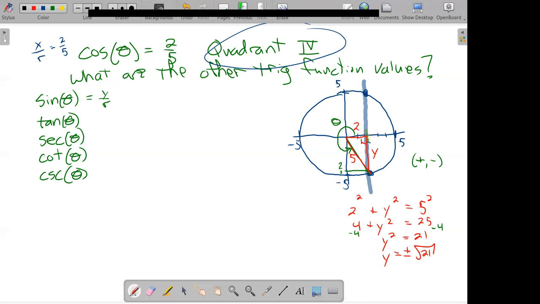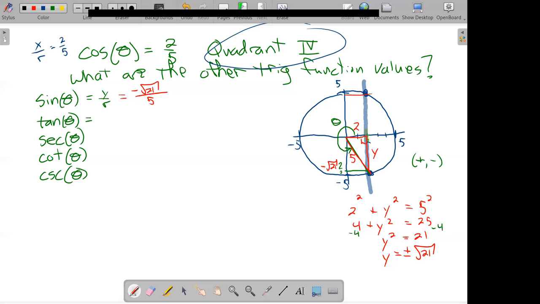Which one do we want? The positive square root of 21 would be up there. I want the negative square root of 21. So the sine must be the negative square root of 21 divided by the radius 5. Whatever this angle is, if the cosine is 2/5, the sine has to be negative square root of 21 over 5.